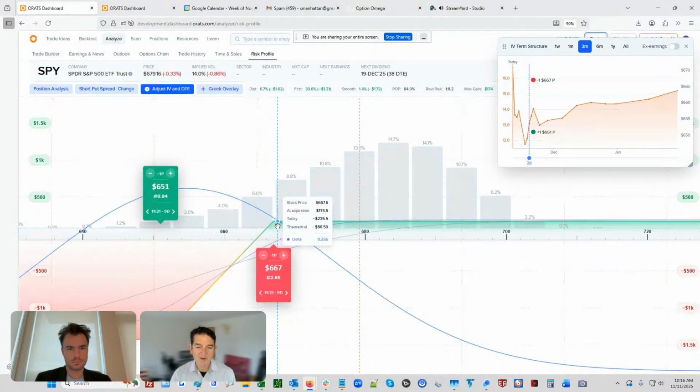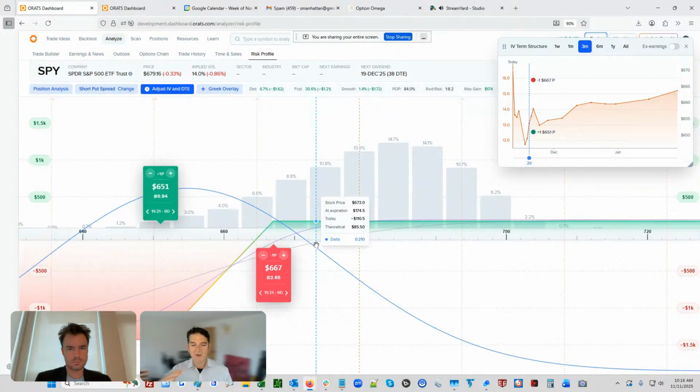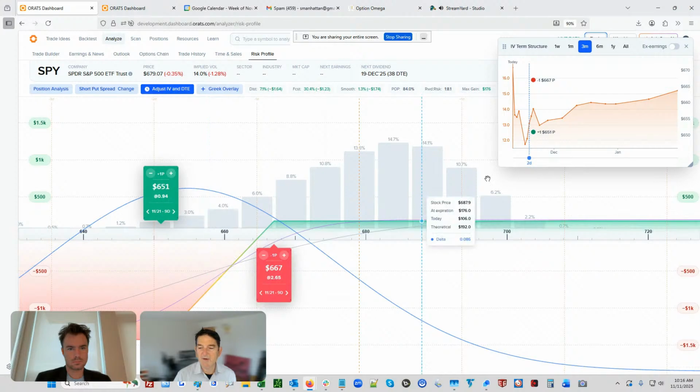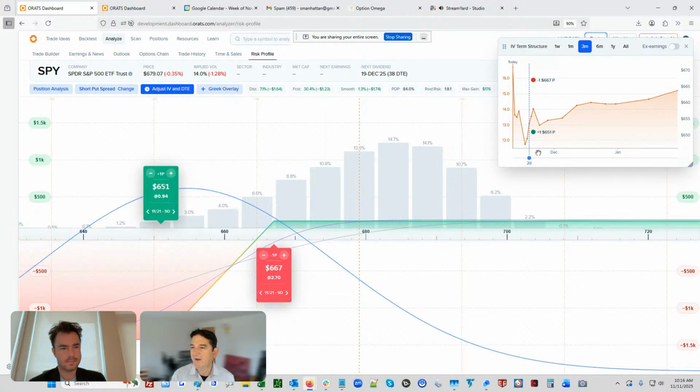The purple line is how many days you're sliding it out, and it gets closer and closer to the expiration line as you move towards expiration. Does that make sense, Tyler?